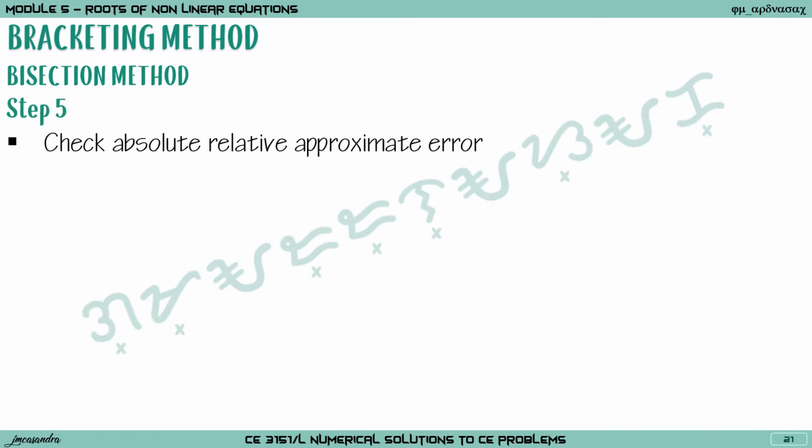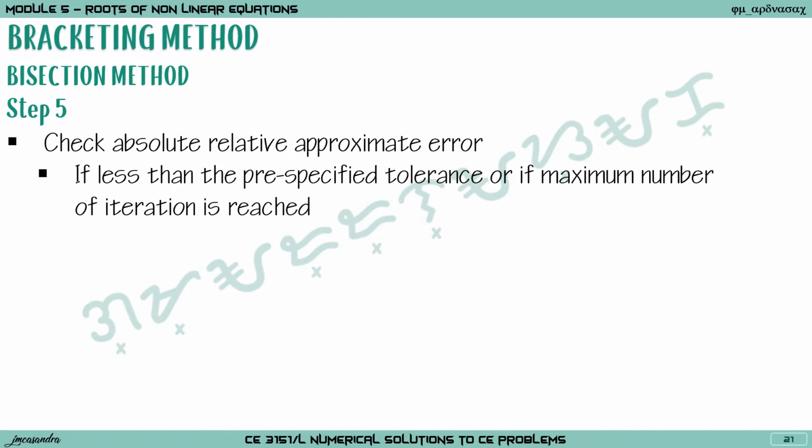Then for step 5, we check the absolute relative approximate error. If it is less than the pre-specified tolerance, epsilon sub t, or if the maximum number of iterations is reached, then we have to stop.